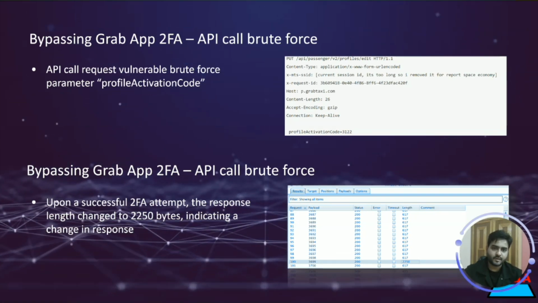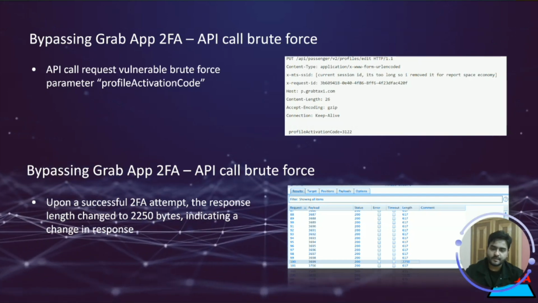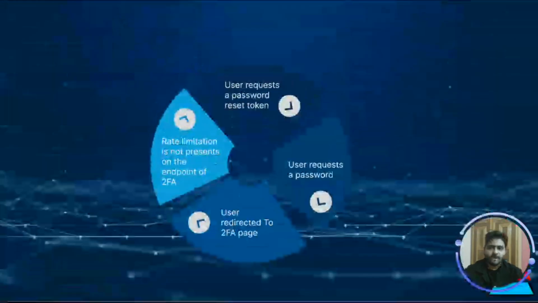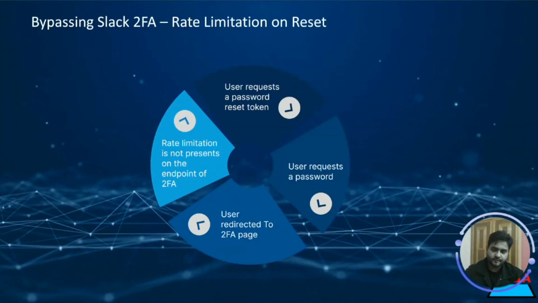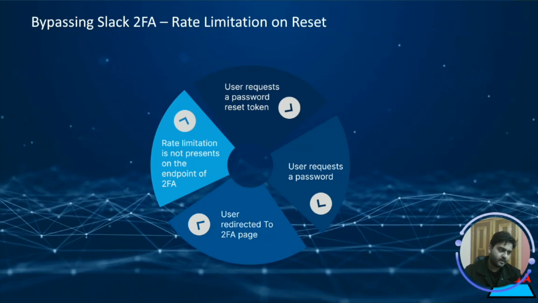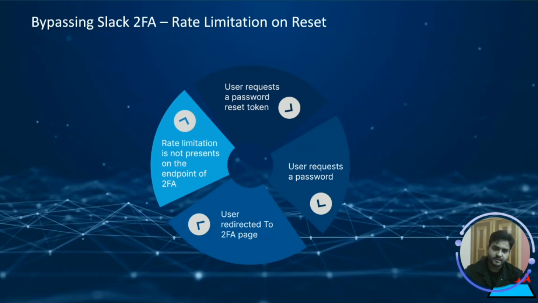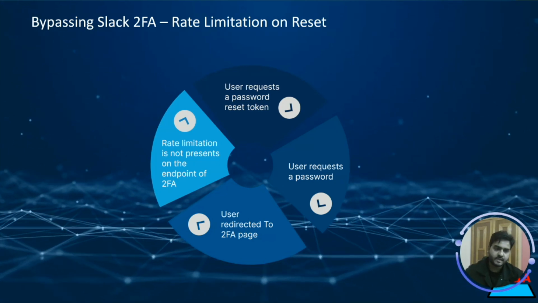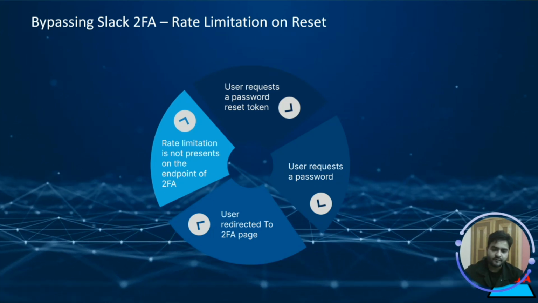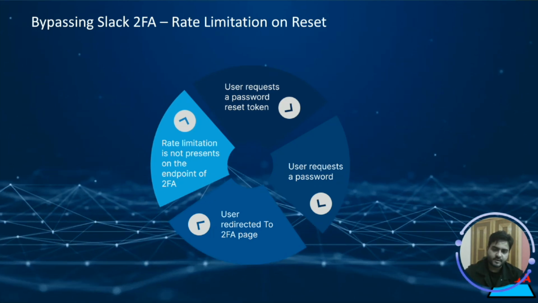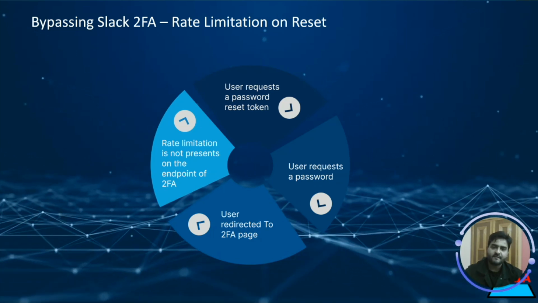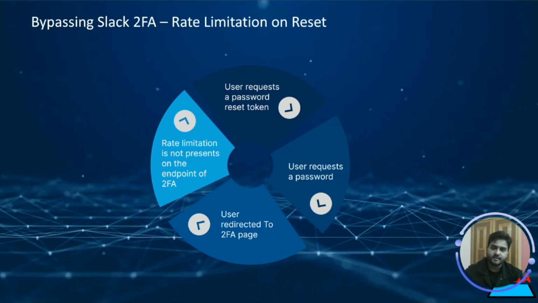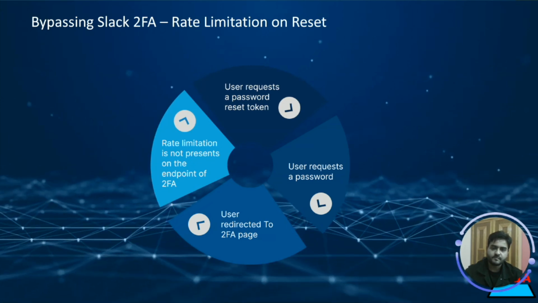Conventionally, we have cases like Slack as well, where rate limitation on 2FA is on one page, while on the other page there is no rate limitation on 2FA. So in this particular case, the Slack app had 2FA brute force protection on the main page, and Slack did not have 2FA brute force protection on the secondary page.